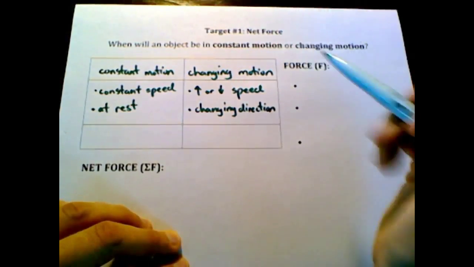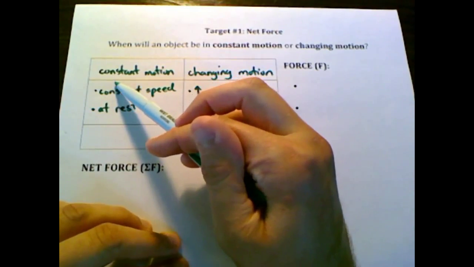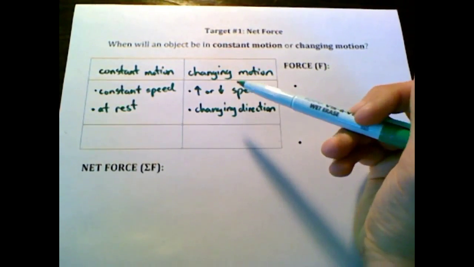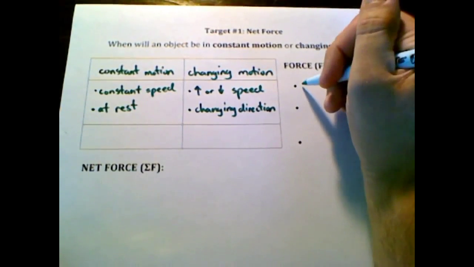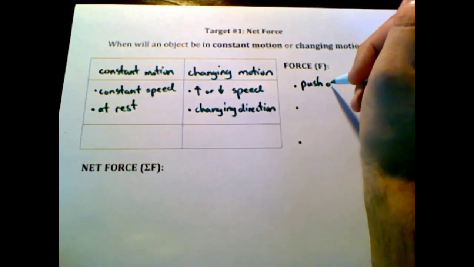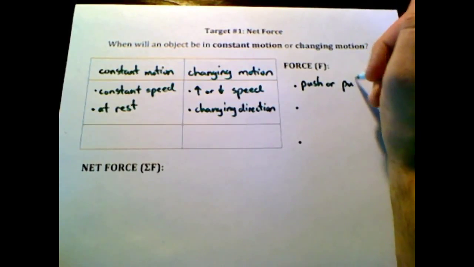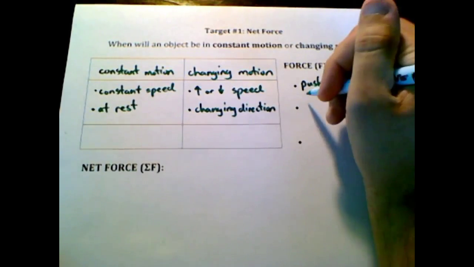In order to determine whether our object is in constant motion or changing motion involves forces. So what is a force? Simply put, a force is a push or pull on an object.